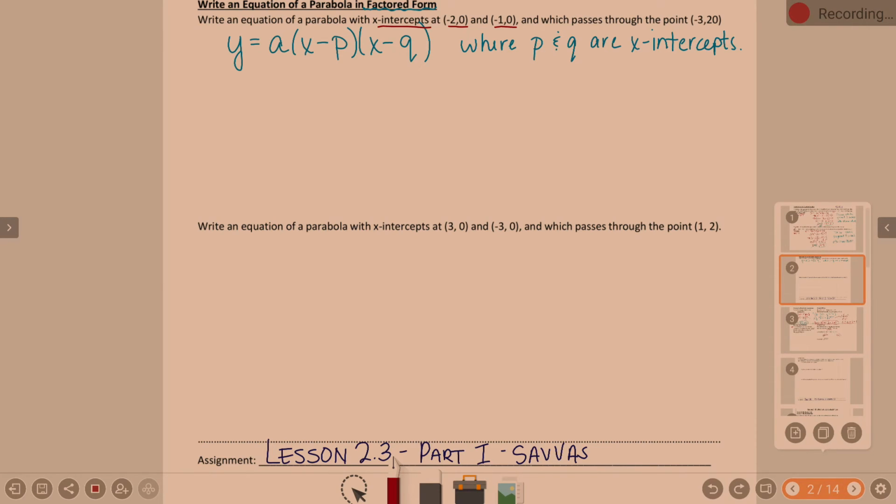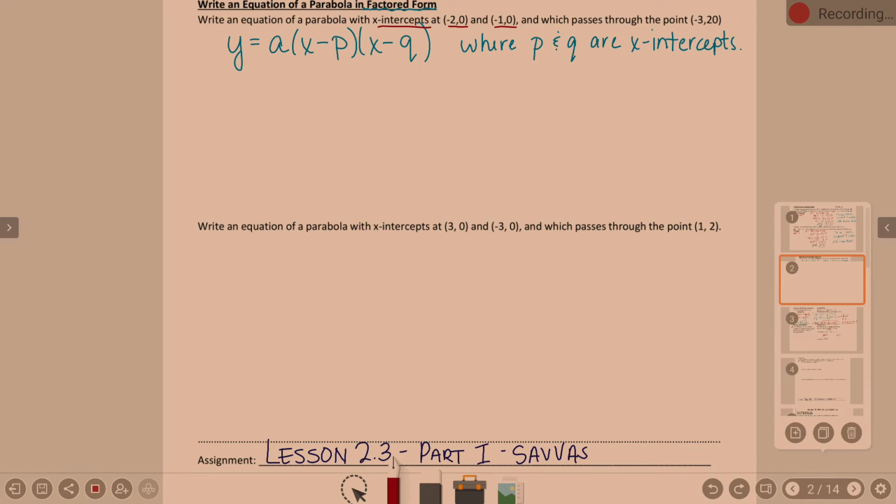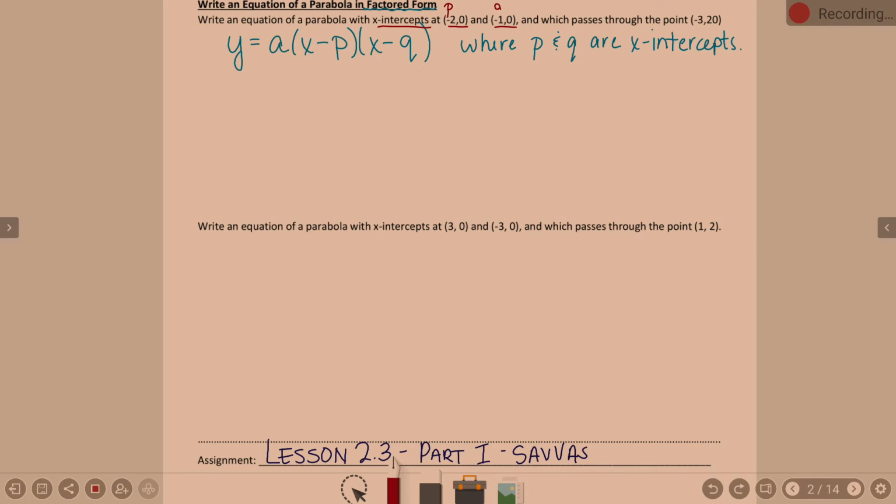These are going to be P and Q, because those are my x-intercepts. Remember I showed you on that front page of the notes how x-intercepts, zeros, same idea? That's where these are going to go in. So they're going to go in for P and Q.